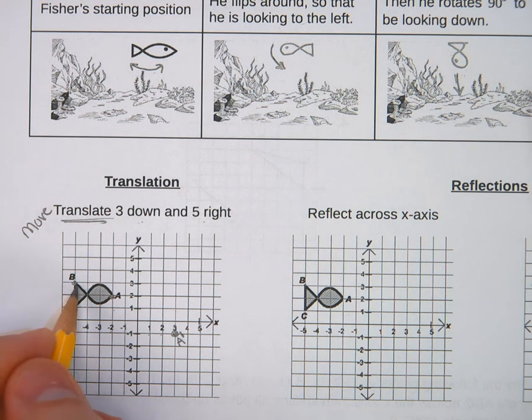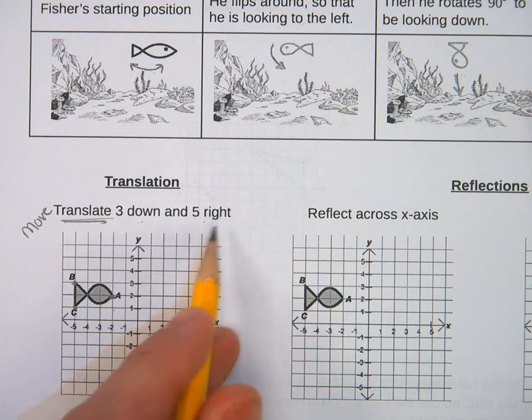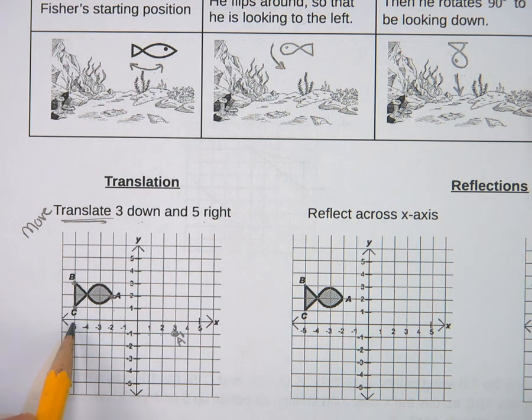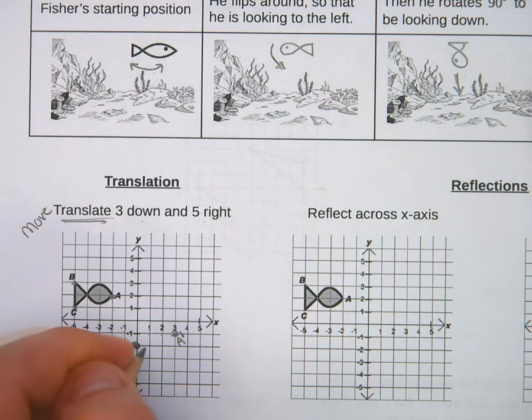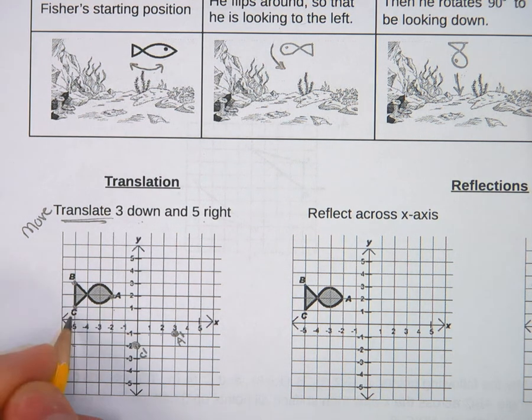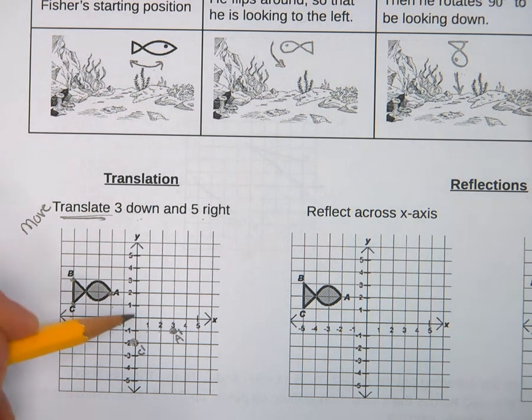And then I'll just repeat the process with B and C. So both of these have to be moved down 3, and they're both going to be moved right 5. Well, 5's easy because we're at -5. So they'll basically just move down 1, 2, 3, and then over to the y-axis. So that will be C prime, down 3 and over 5. And B will go down 1, 2, 3, and over 5.